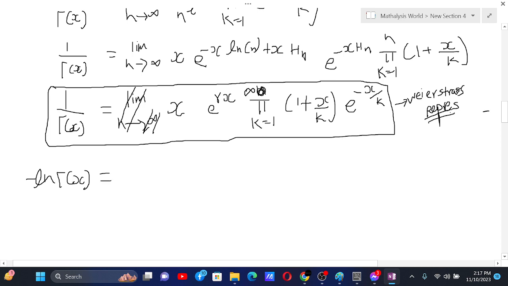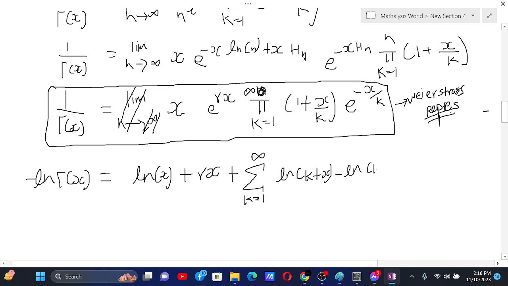Now if we take log, we will have ln x plus gamma x, and the log of an infinite product is the sum of the logs of the terms, and so the sum from k equals 1 to infinity, there will be ln of k plus x minus ln of k minus x by k.